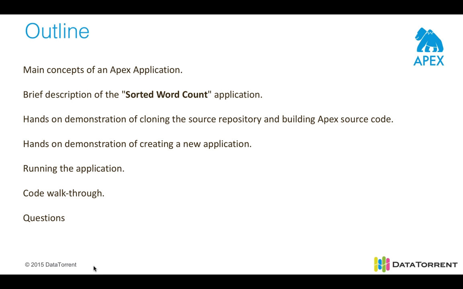We will then use the Maven archetype command to create a new application template. We'll then copy over some source files that I have already prepared, just to save some time, into the new application template. We'll then build the application and run it. And then finally, I'll do a code walkthrough of some of the source files, and then we'll wrap up with questions.